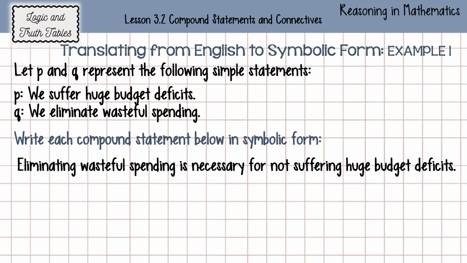Translating from English to symbolic form, once again. P, this time, we suffer huge budget deficits. Q, we eliminate wasteful spending. Write each compound statement below in symbolic form. Eliminating wasteful spending looks like Q. It says is necessary for not suffering huge budget deficits.